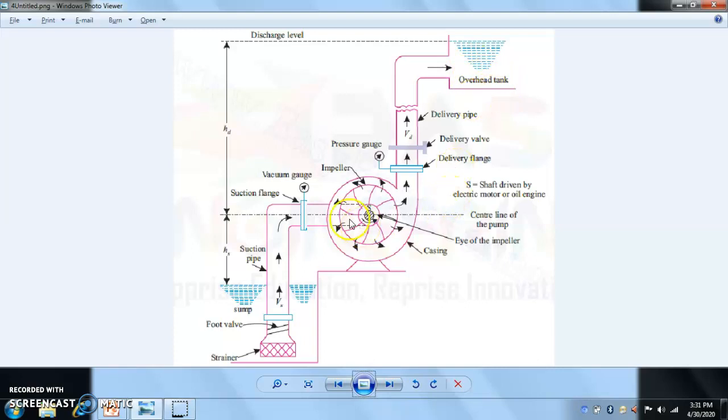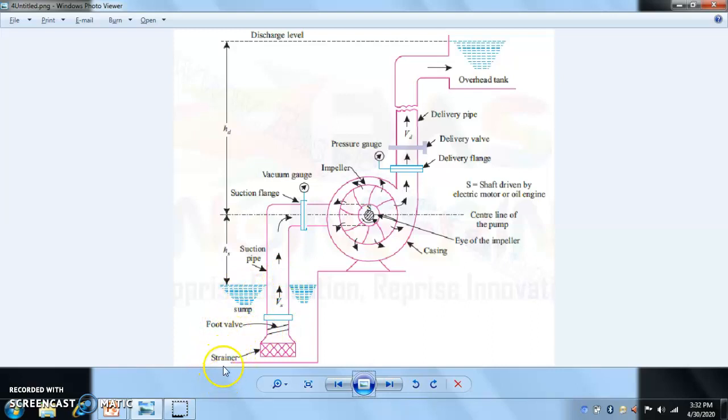So we will again see the component parts in this diagram. The centrifugal pump first consists of a suction pipe. The suction pipe sucks the water from the sump. Sump is water at a lower elevation. Now this suction pipe consists of a foot valve and a strainer.